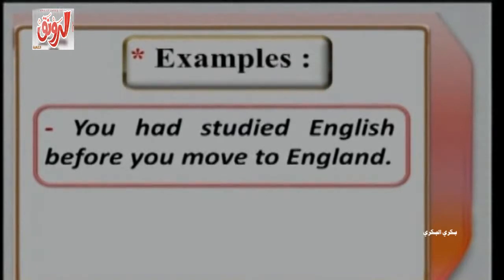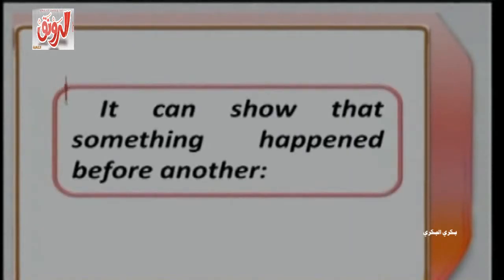We must get the past perfect before, and they follow. You had studied English before. You had studied English after you moved to England. Therefore, after and before show the past perfect.